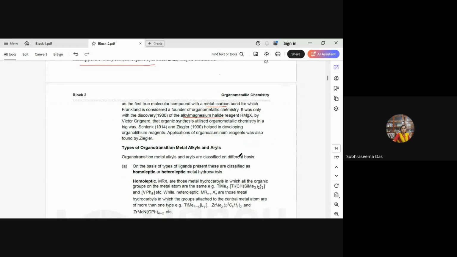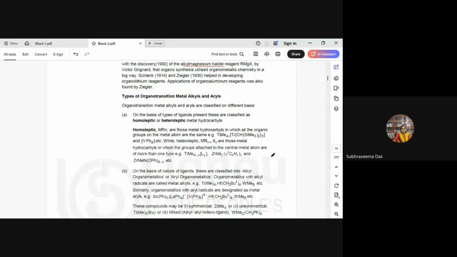Then organometallic alkyls and aryls have been classified on different bases. On the basis of the types of ligands present, they are classified as homoleptic or heteroleptic metal hydrocarbyls. Homoleptic are the metal hydrocarbyls where all the organic groups on the metal atom are the same.